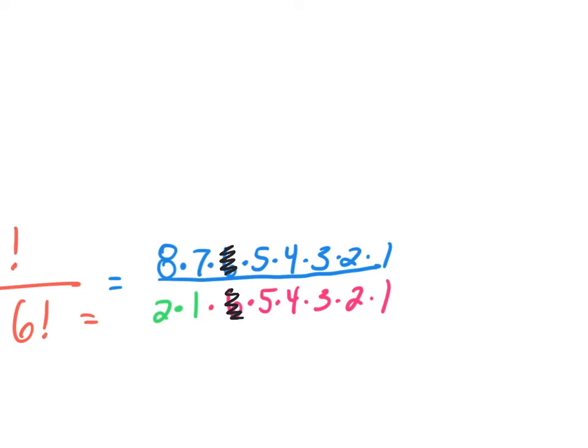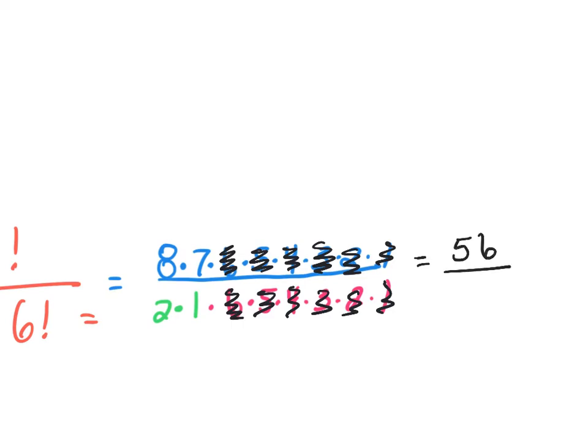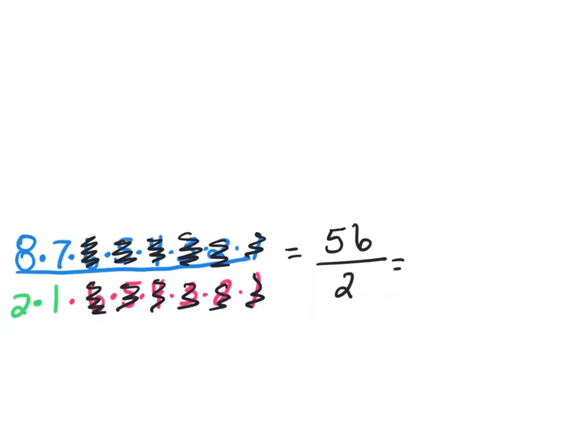What else can I cancel? 5, 4, 3, 2, and 1. Right? Yes or no? Okay, so what am I left with on top? 8 times 7 is? 56. Okay, and 2 times 1 is? 2. And then what's 56 divided by 2?